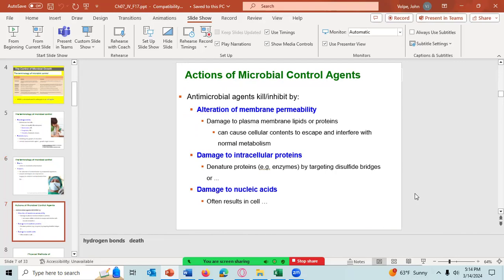All right, let's move on to actions of microbial control agents. Antimicrobial agents kill or inhibit cells by doing one of three things. They can alter the membrane permeability. If you damage the plasma membrane by either the lipids or the proteins, you can cause the cellular contents to escape from the cell and thereby cause the cell to die.